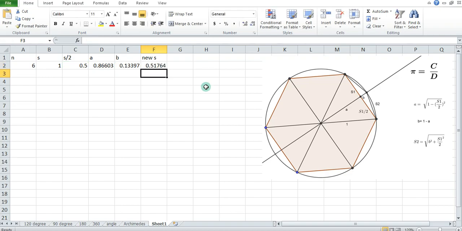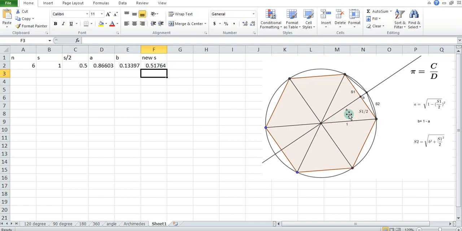Then the new polygon's one side length becomes half, 0.51. Here you can see this, if this length is 1, then the new s should be lower than the 6-side polygon, so it becomes new s.